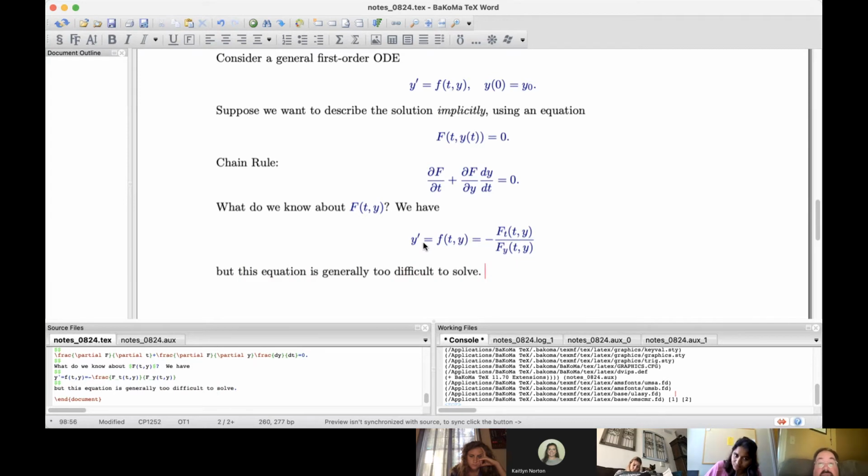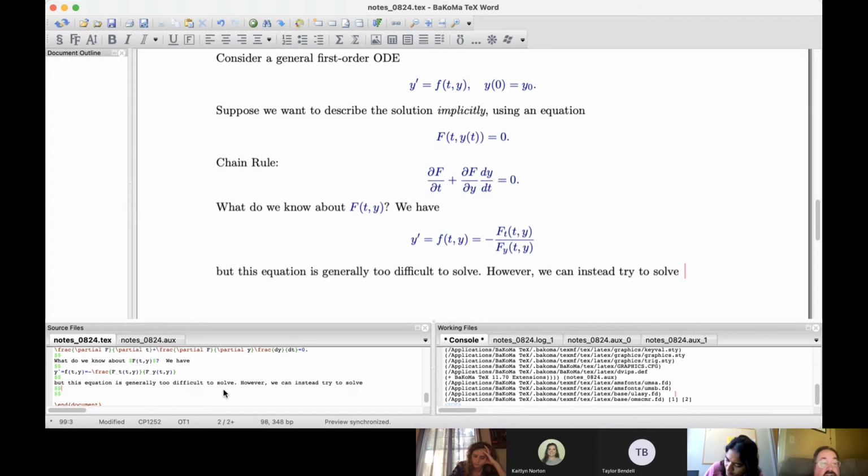But what we could do instead is change the ODE. We can perform whatever legitimate algebraic manipulation on this, and maybe get an equation that's easier to solve.